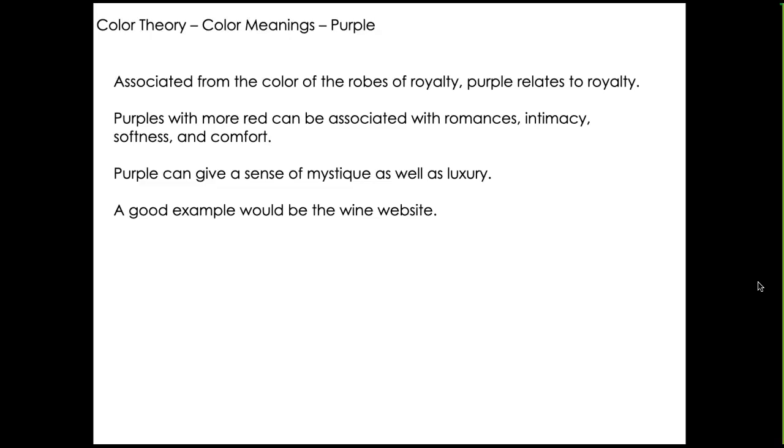Mollusk is a type of shellfish. It took thousands of them in order to get a very small amount of this dye. So this dye was highly sought after, and the only people who could afford this dye was royalty.